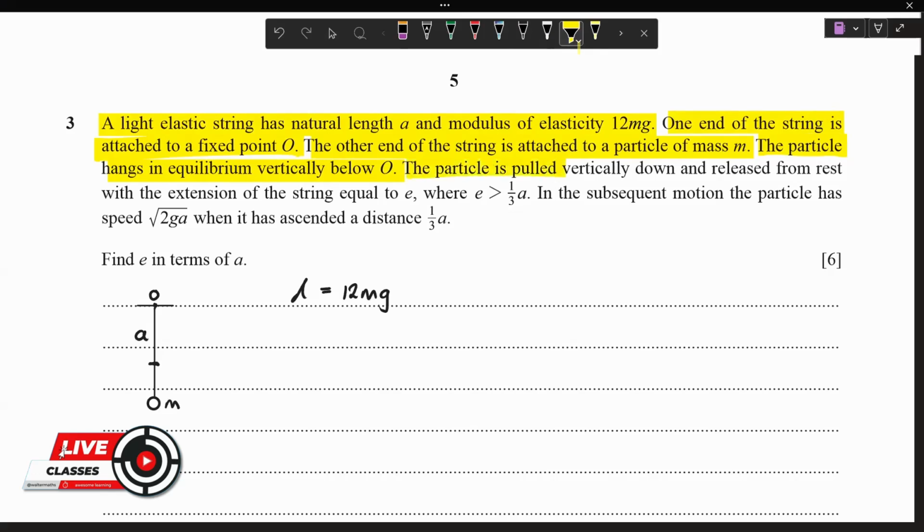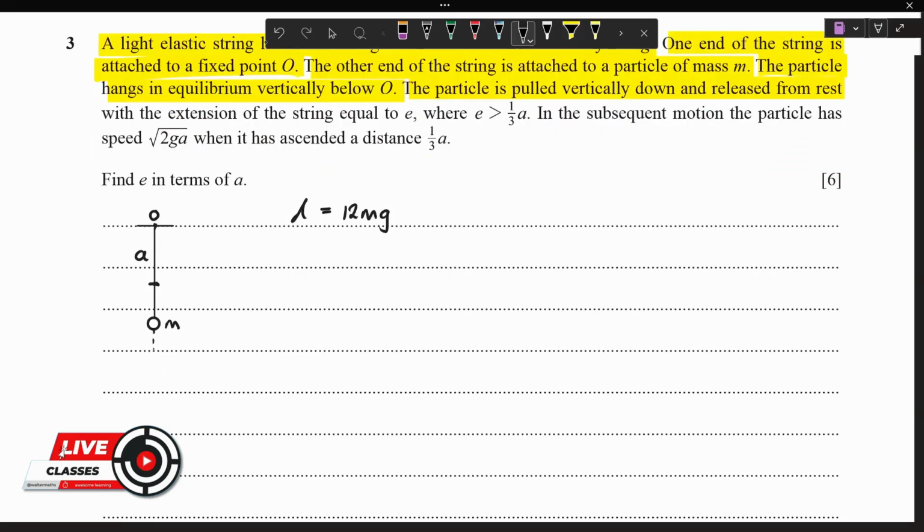Then the particle is pulled vertically down. So here they say that it is pulled vertically downwards, maybe to some certain point, and then released from rest. The rest is here, which means that it starts with a speed of 0.